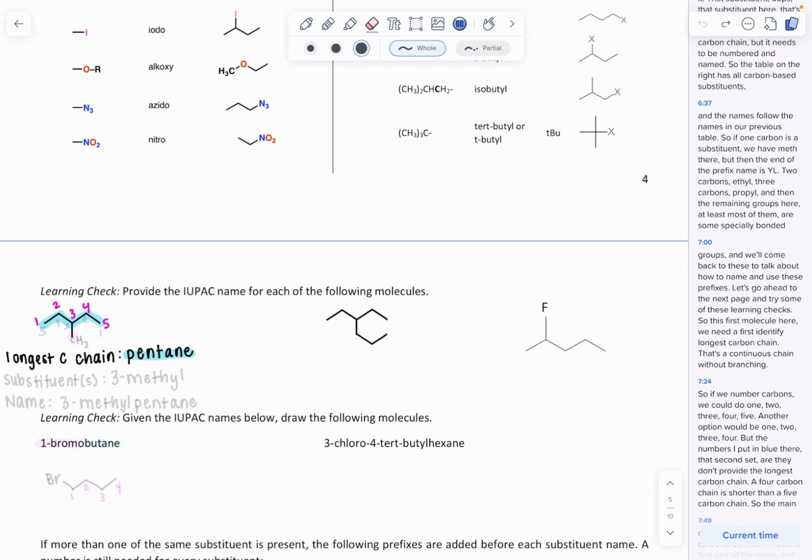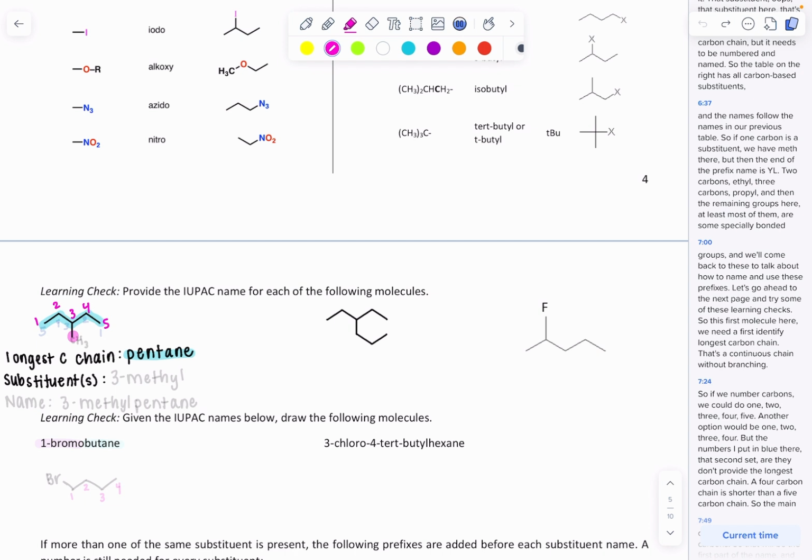Now there's another carbon that's part of this molecule that also needs to be named. It's just not part of the longest carbon chain, and that's the one right there. So we have a substituent on that chain. And I'm going to put parentheses s here, parentheses for plural.